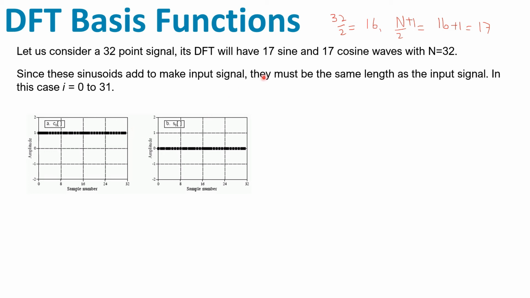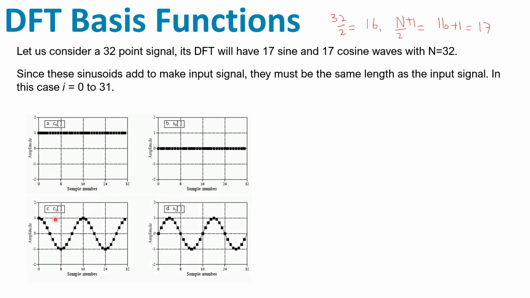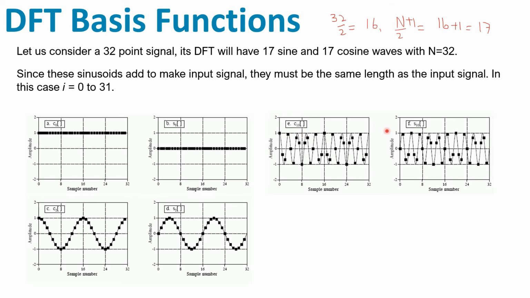Out of all those 17 components, we have chosen a few for demonstration, actually only 4. This is the first one, and then C2 and S2, having 2 cycles each. This cosine starts with pi over 2 and the sine starts with 0. So this is cos 2 and this is sine 2, and the next one is 10.